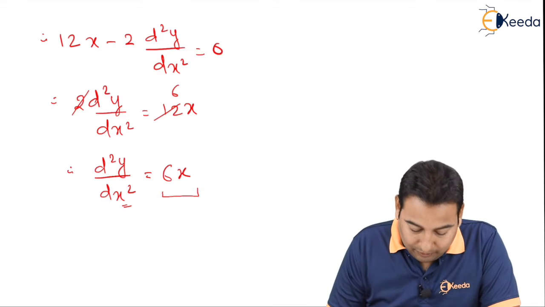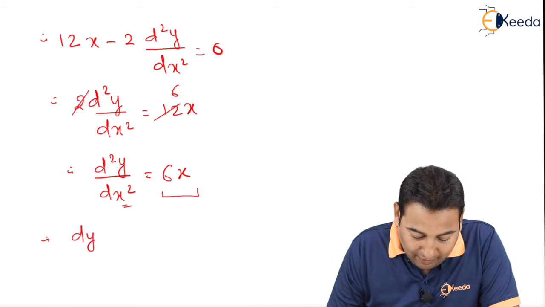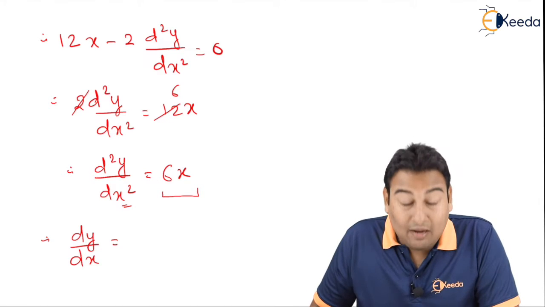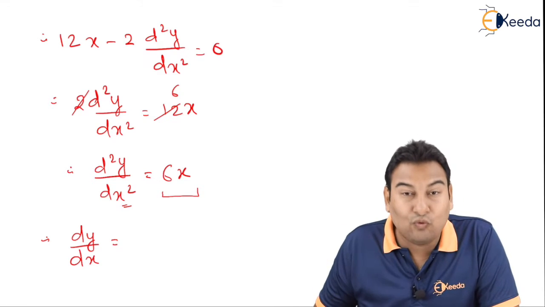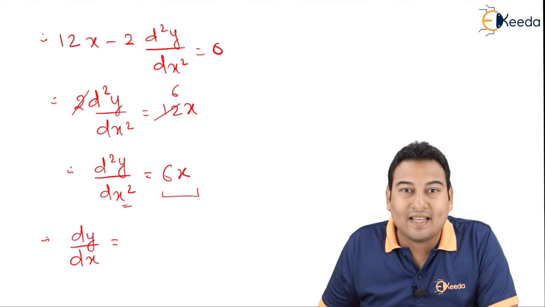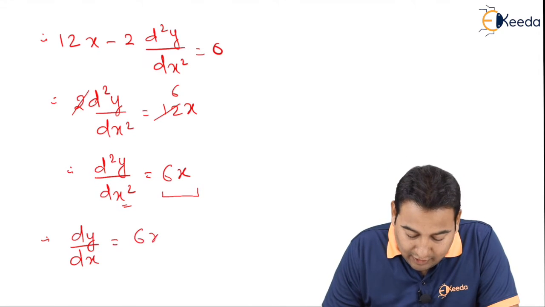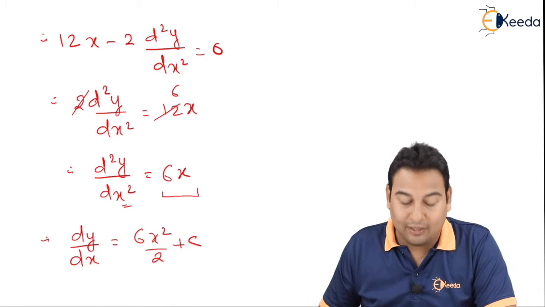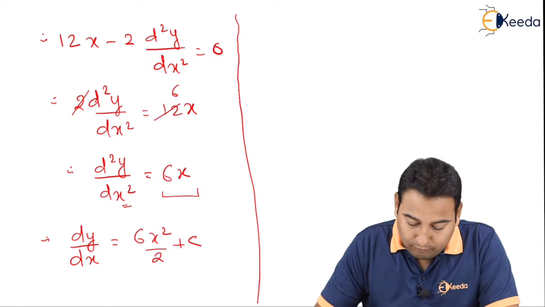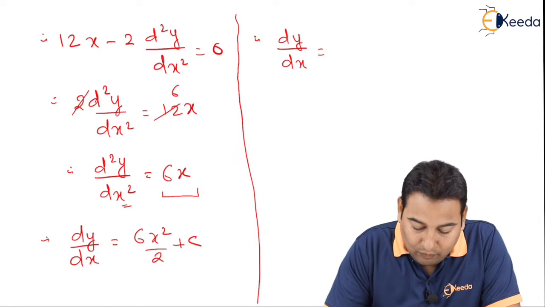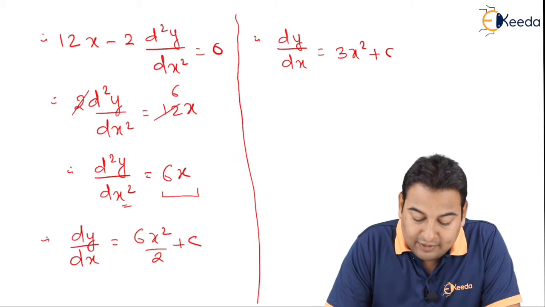Let's integrate first. Therefore, dy by dx equal to, if I apply one integration, out of two derivatives, one will be cancelled, we will be left with one derivative. 6x integration, 6x square by 2 plus constant of integration c. Therefore, dy by dx equal to 3x square plus c.